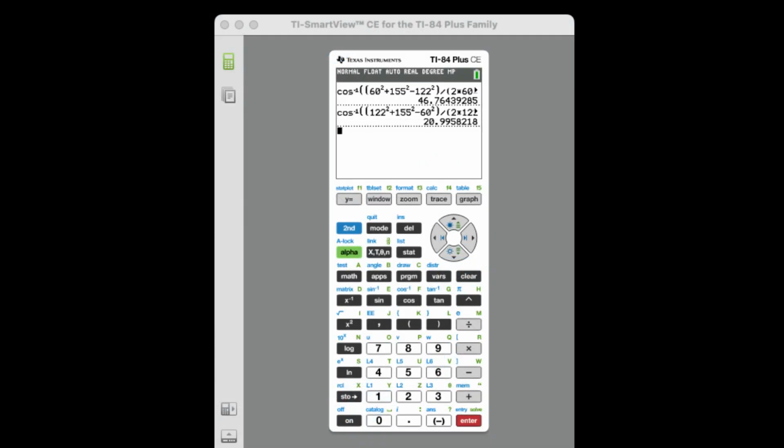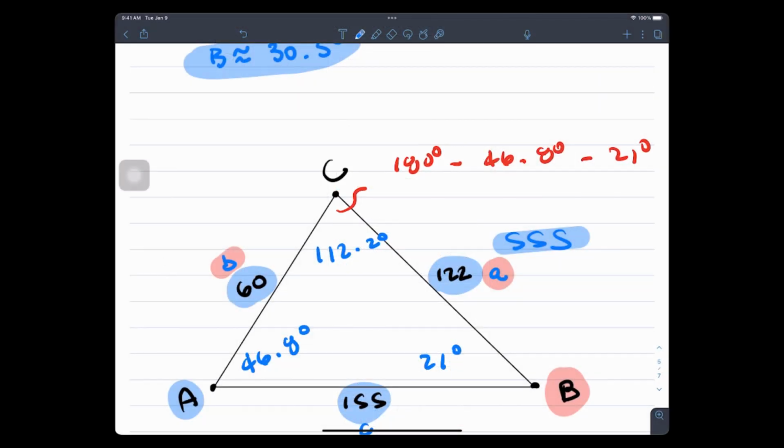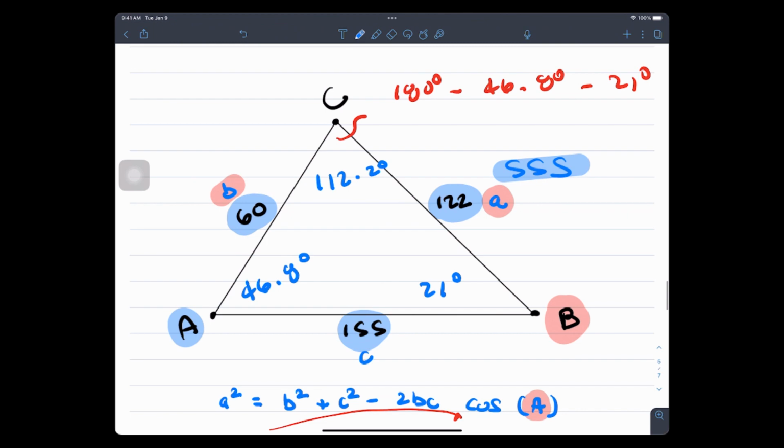Let's see, 180 minus 46.8, right? Minus 21. And what do you guys get? Is that 112.2 degrees? So, ladies and gentlemen, it's 112.2 degrees. So this is how you solve a triangle, ladies and gentlemen, by using law of cosines.